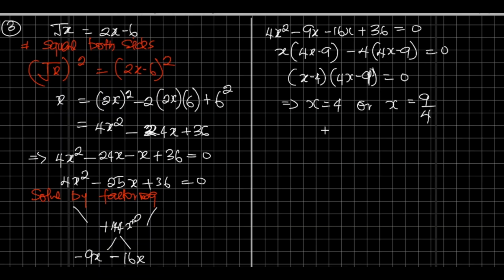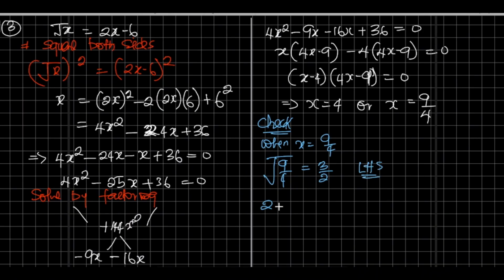Okay, so if we check, it is very important that you check because not all the solutions will satisfy the condition. So let's check. For x equals 9 over 4, if we substitute that here, we have square root of 9 over 4, which is 3 over 2, and that is for the LHS, okay?